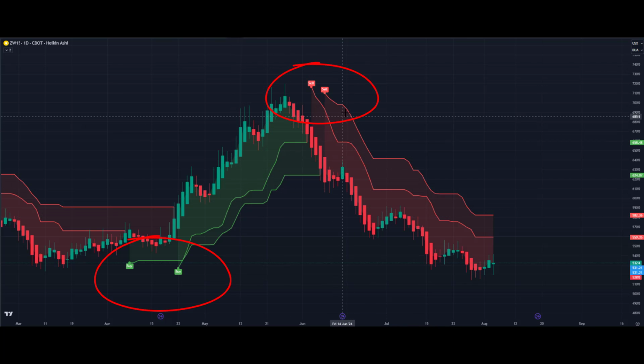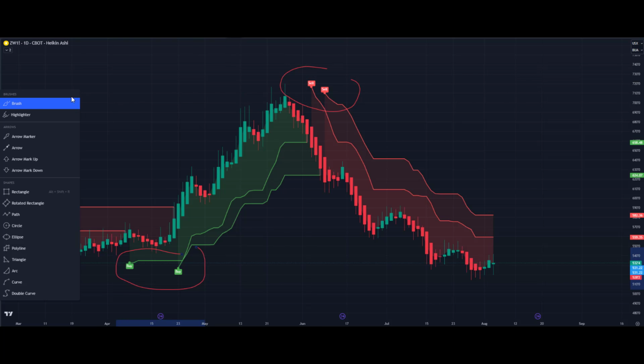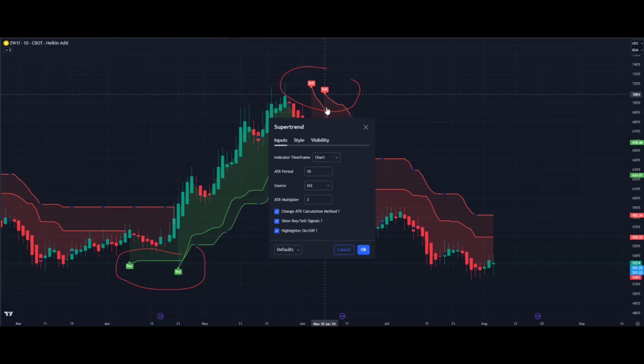I've made up the inputs to these. We've got 2 here. You could have a shorter term and a longer term one. Shorter term to get you in, longer term for the trend direction maybe. Just another idea for you to think about. The settings I've used on those 2 are 10, 3 and 2, 2, just for example.